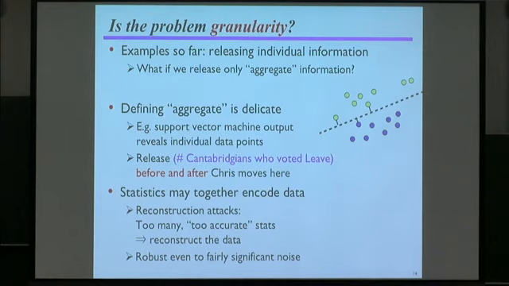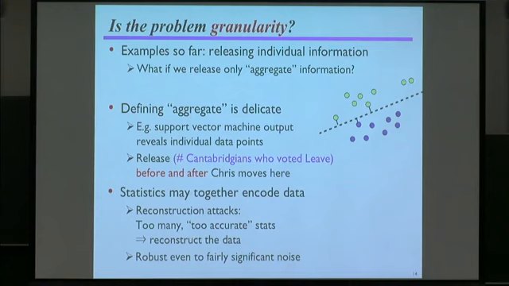They all have the same natural language interpretation: if you have too accurate statistics about a data set, eventually you'll be able to basically reconstruct the data set, even if each of those statistics individually seems very much an aggregate.